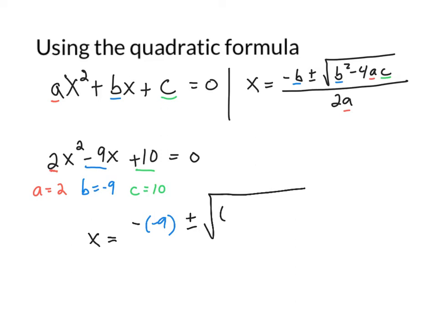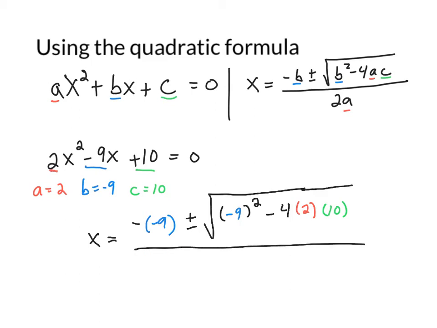So I'm going to put in my squared term, and my b here is negative 9. Negative b plus or minus the square root of b squared, and we have a minus 4, and then a, well, that's a 2, and then c is 10. I'm going to make sure all of this is under the square root. Now, here's a key: we're going to take everything I've written so far as the numerator.